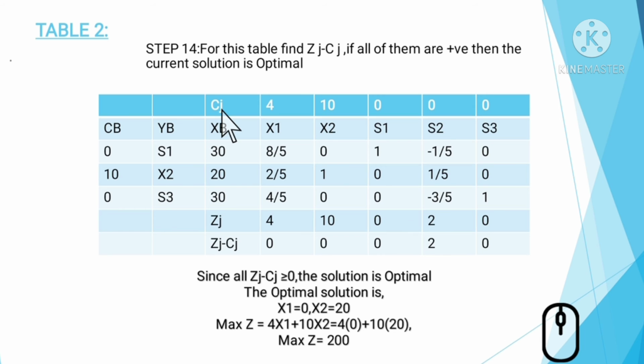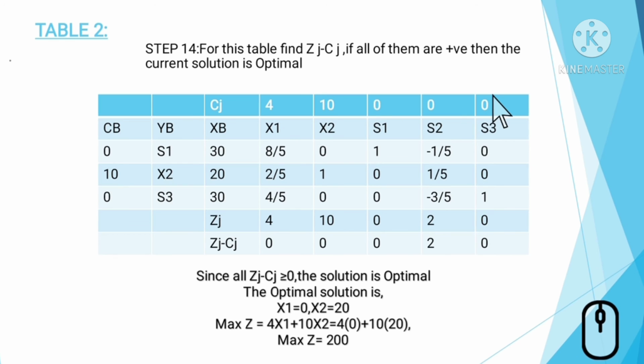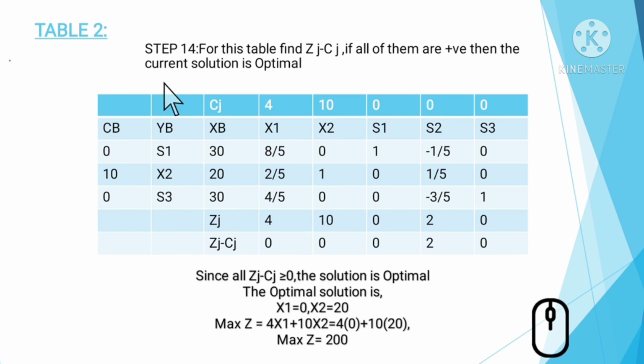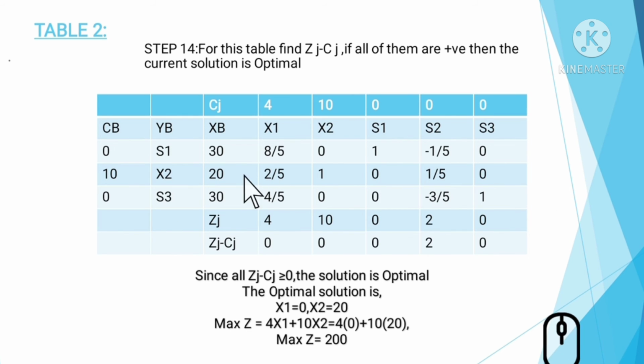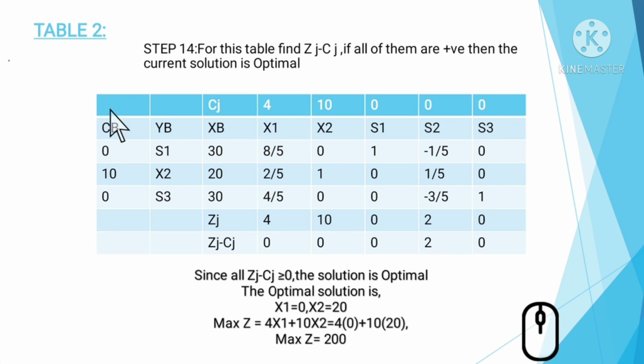We know that the Cj is the coefficient of the objective function 4, 10, 0, 0, 0. S2 is the leaving variable, so S2 is left and instead of that X2 is entered. This is the entering variable. So the coefficients of yb are written here.